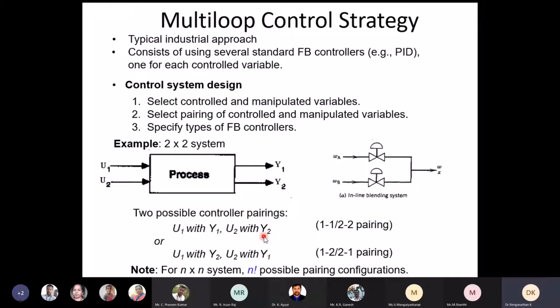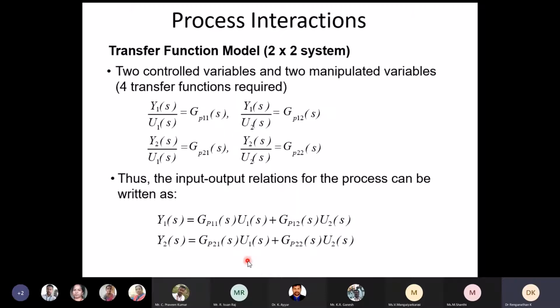If we have two inputs and two outputs, we'll have two types of controller pairings. One is U1 with Y1, U2 with Y2, or U1 with Y2, U2 with Y1. This is what I showed you earlier. These are the types of pairings which can be done, and if it is an n cross n system, then n factorial possible configurations will be there.